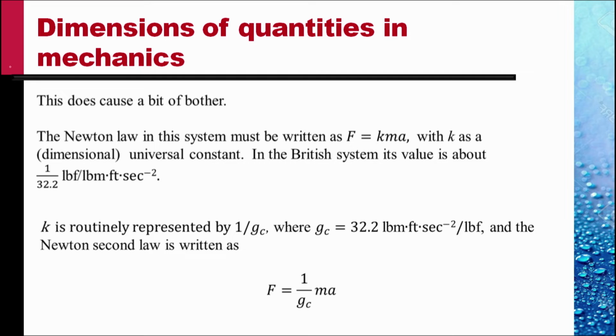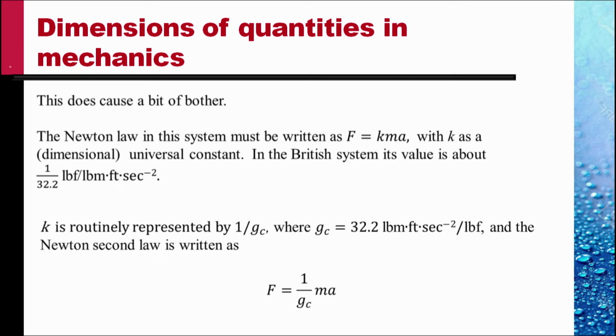In the British system, its value is 1 by 32.2 pound force per pound mass foot second to the power minus 2. k is routinely represented by 1 over Gc, where Gc is 32.2 pound mass foot second to the power minus 2 per pound force.